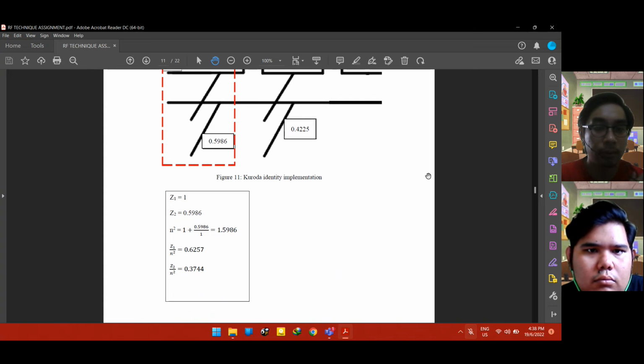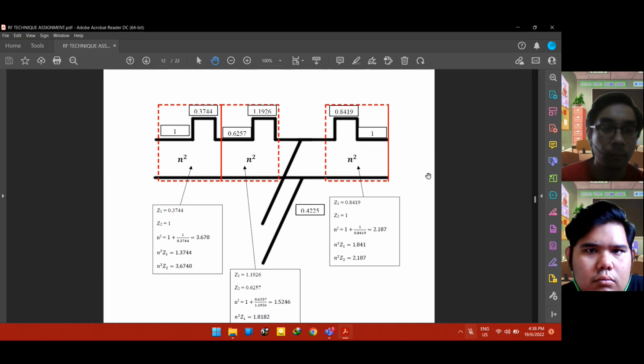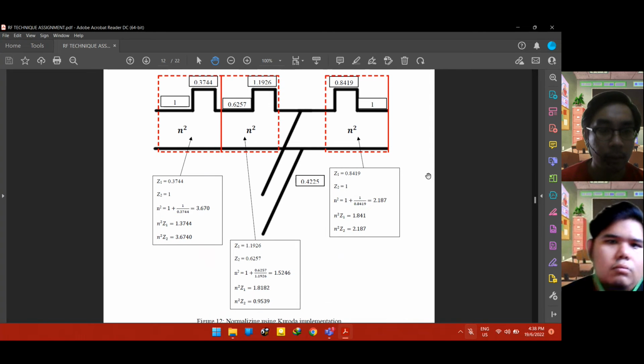For the normalizing, next one. Okay, for normalizing using the Kuroda implementation, we need to divide it into 3 parts to calculate.